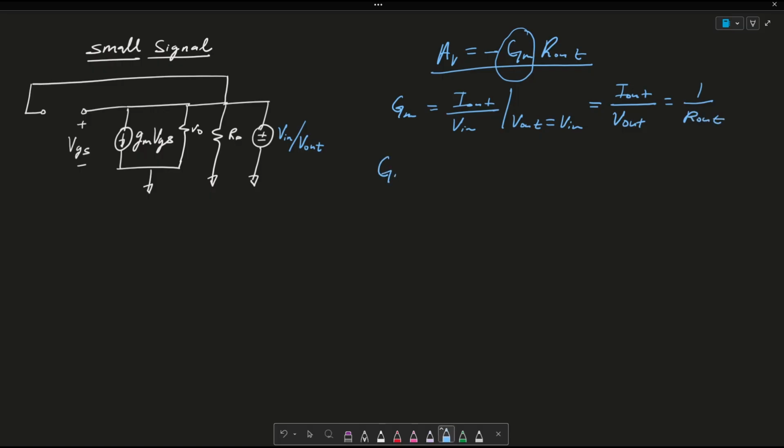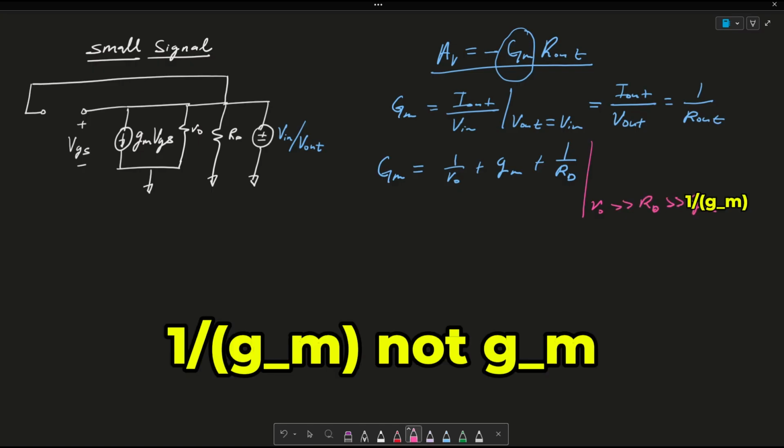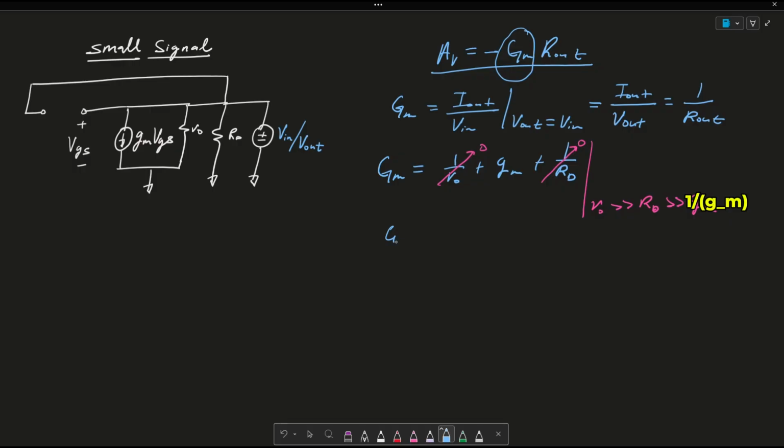So this means that Gm is equated to 1 over RO plus GM plus 1 over RD, where if we consider that RO is much larger than RD, much larger than 1 over GM, this term goes to 0, and this also goes to 0. So then Gm is simply my GM, or my transconductance, located right here.